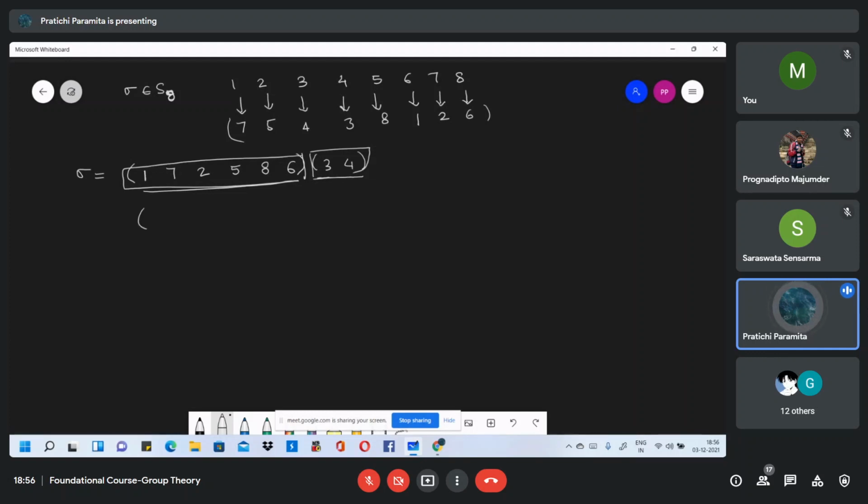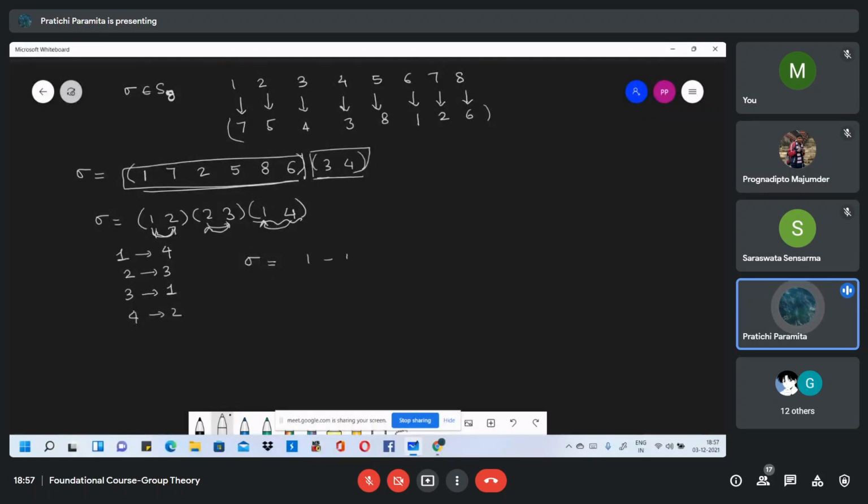In general, I can have sigma equal to (1 2)(2 3)(1 4). If I have sigma something like this, then 1 goes to 4, and 4 doesn't have any other appearance. Then 2 goes to 3, and again I do not have any other appearance. 3 goes to 2, 2 goes to 1, so 3 goes to 1. And 4 goes to 1, and 1 goes to 2, so 4 should go to 2.